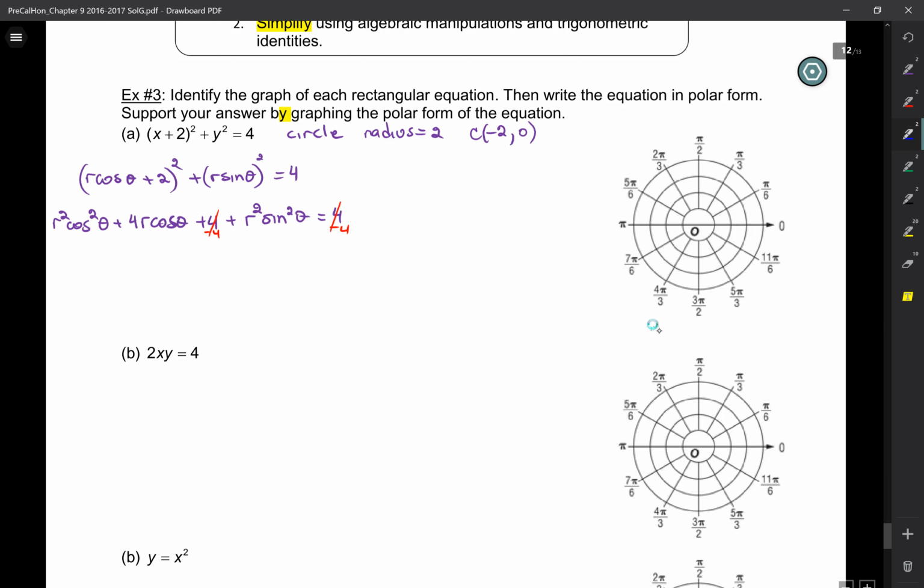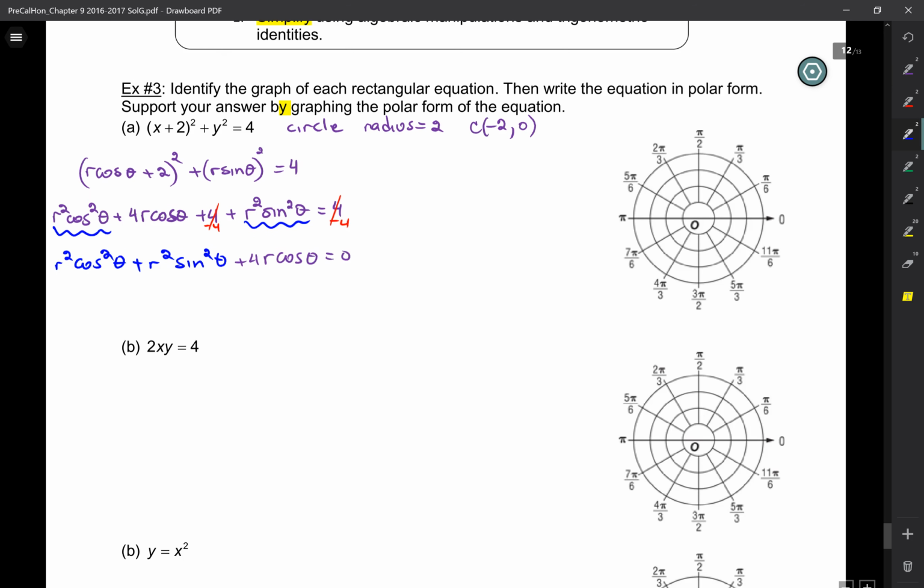So what I do is this and this, I'm just going to write them next to each other. Plus, what else do I have? 4r cosine theta is equal to 0.